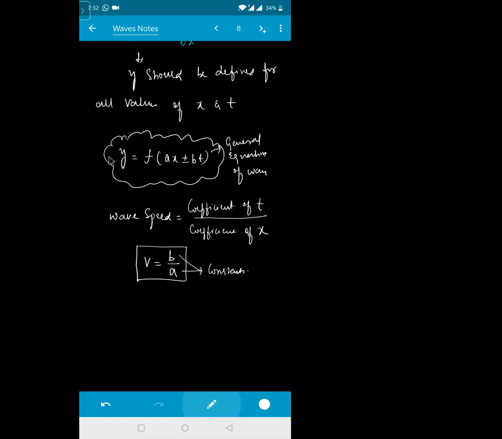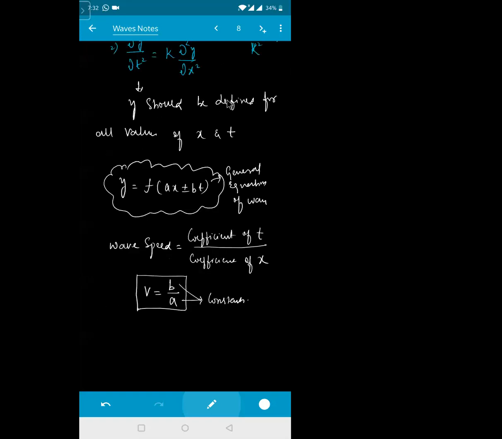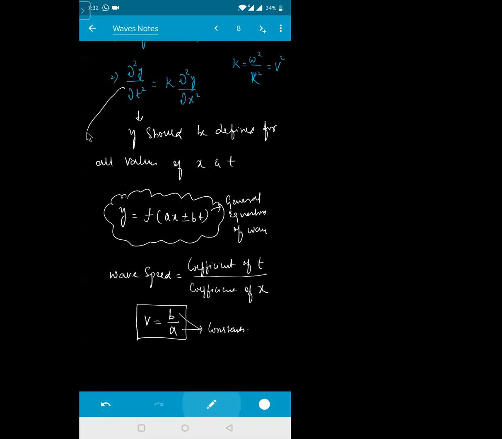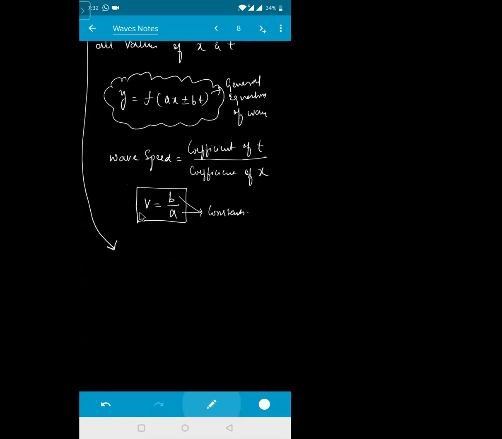Okay. The solution of this equation, the one we have written right now, is y equals a into sine of omega t minus k into x.